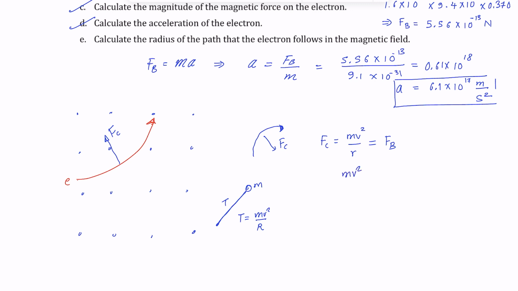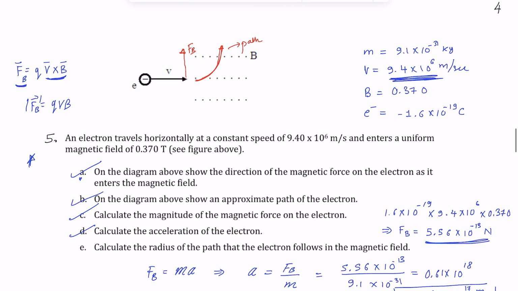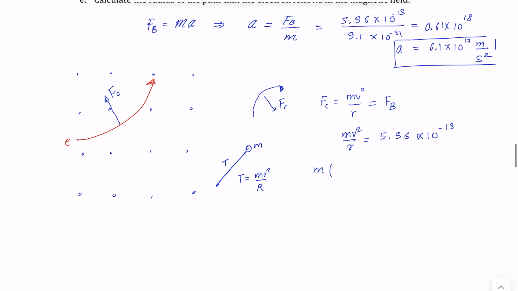That means mv squared over r is the same as 5.56 times 10 to the minus 13 newtons, with m times v squared, and v is given to us as 9.4 times 10 to the 6.